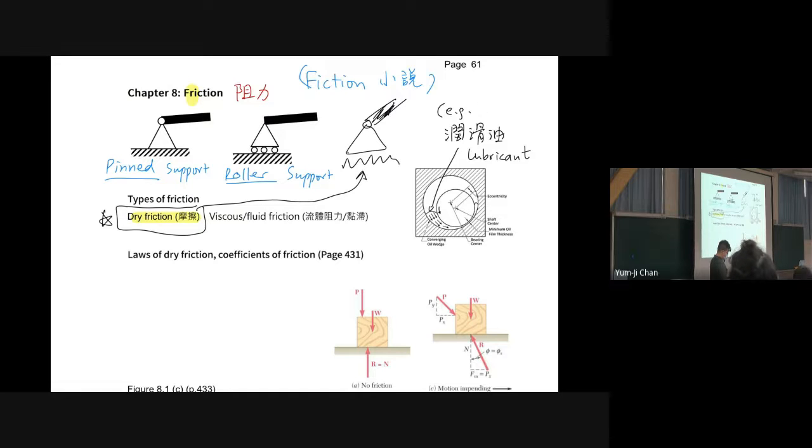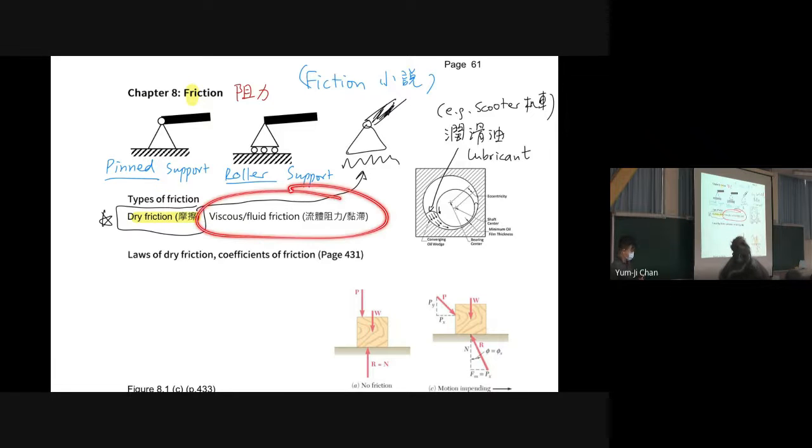So you need to have lubricant for your scooter, right? And you need the right one. If you put the wrong one, there will be some viscous or fluid friction there.